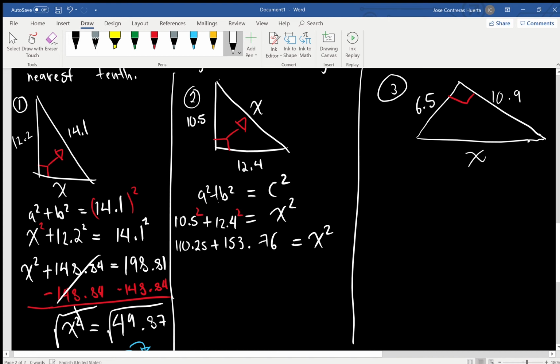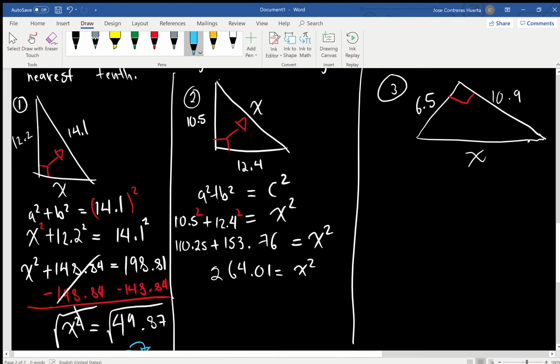Now, on the previous problem, I did the opposite, right? I went ahead and subtracted 148 from both sides. In this case, you don't have to do that because all of the numbers are already on one side. All you have to do is combine like terms. So in other words, you add the numbers. So it's going to be 153.76 plus 110.25, which gives me a total of 264.01. So 264.01 is equal to my x squared.